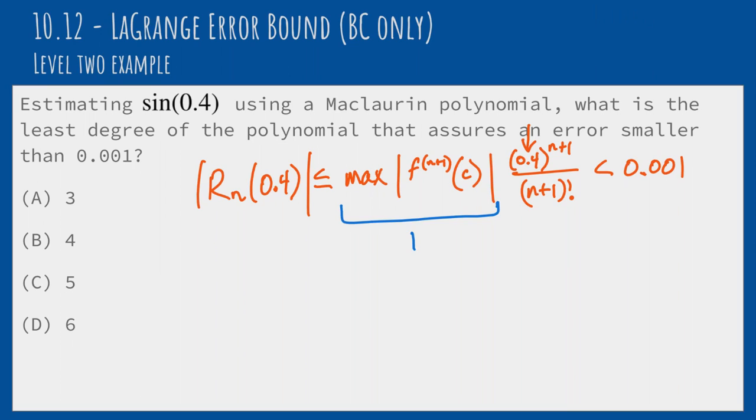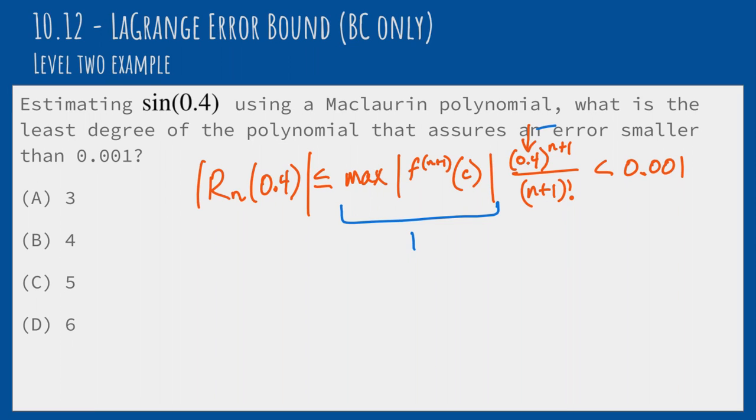Now, that's only going to work when we're dealing with sine or cosine. If we're taking derivatives of something else, then this is going to take a little bit more analysis, and we'll do some examples with that also. But with sine and cosine, things are pretty simple, and we just know that they can't be any bigger than 1, so we'll put 1 in there as a maximum possible value.